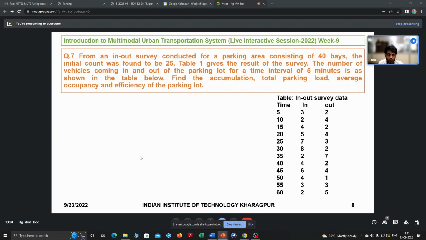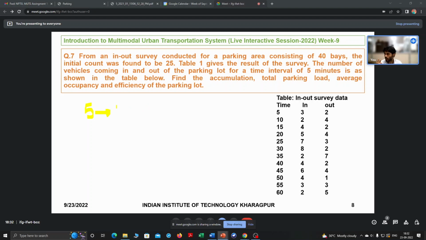Suppose first I need to see what the parking accumulation is. So what is the parking accumulation? Suppose in 5 minutes, 3 are in and 2 are out, so the remaining is 1 vehicle, but previously I have counted 25 vehicles.